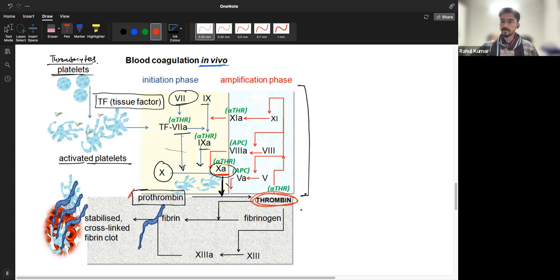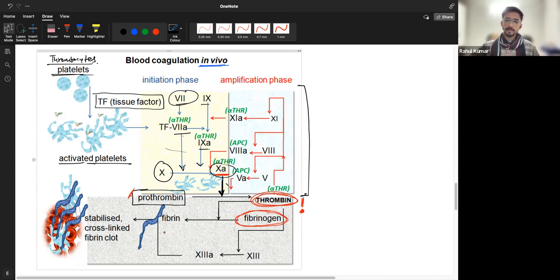So this is important. Thrombin then makes fibrinogen into fibrin. Inside the blood, both stay as prothrombin and fibrinogen. Any enzyme with gen on it, like pepsinogen, is an inactivated form that has to be converted into pepsin.